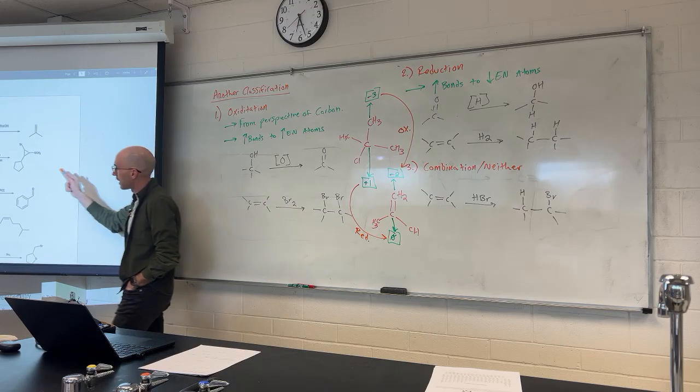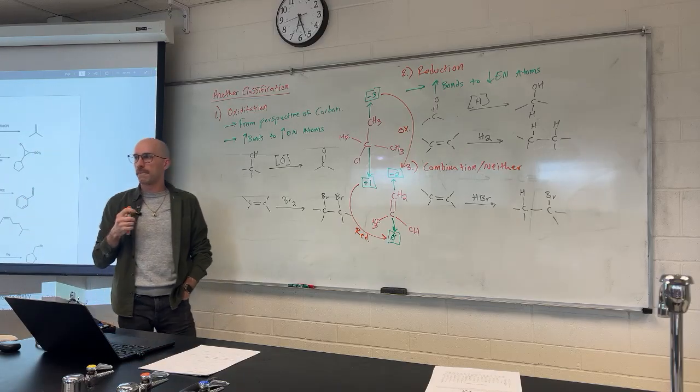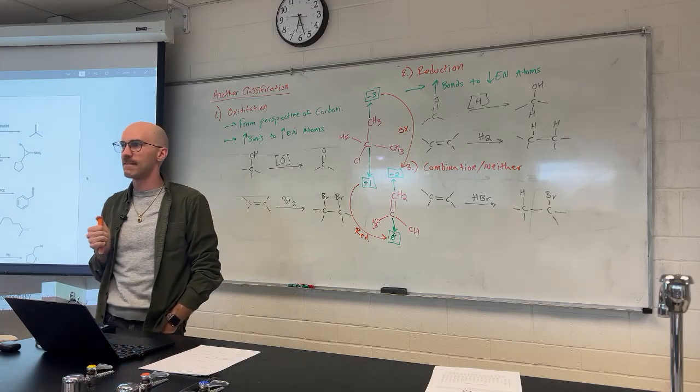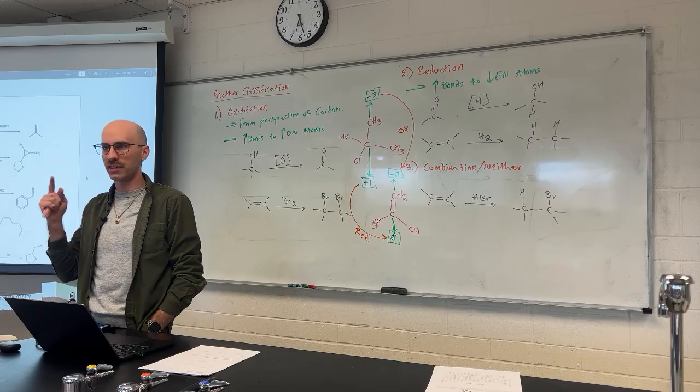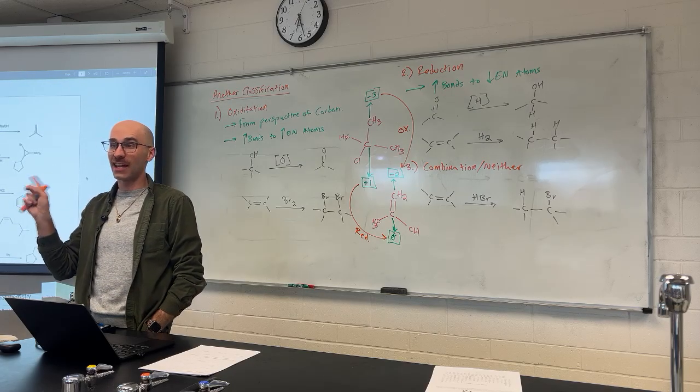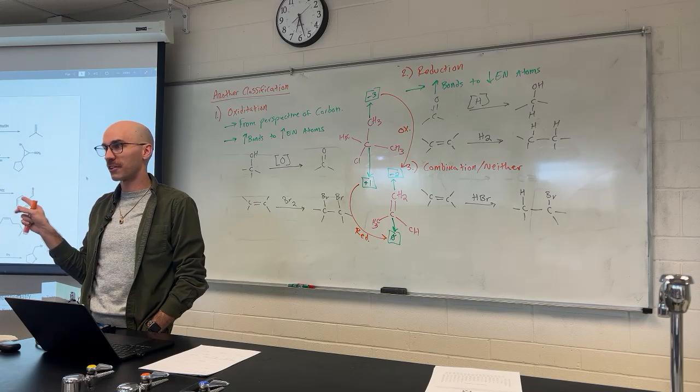All right, what about down below on the left? I've got this addition to a primary alcohol. Feel all those gears turning now. That carbon on top has definitely been oxidized because it gained a bond to a more electronegative atom.